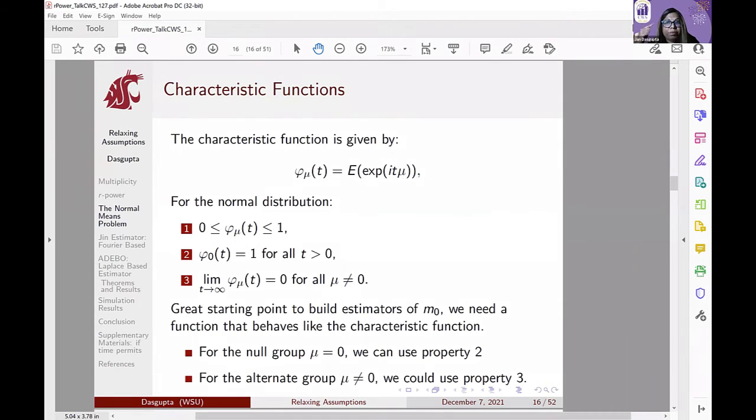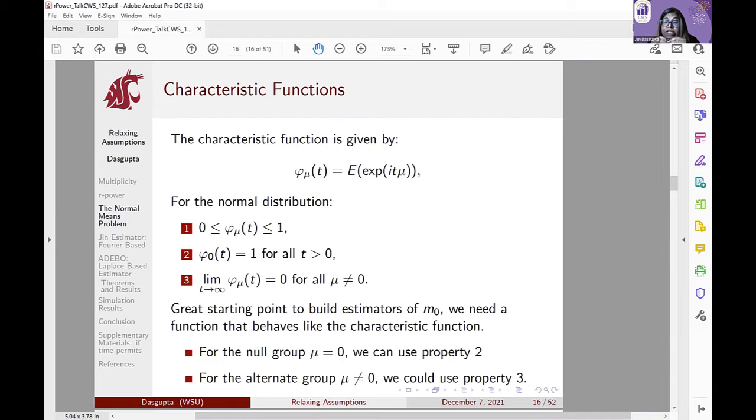What if mu is not 0? We can show that when t goes to infinity and mu is not 0, the limit of the characteristic function goes to 0.